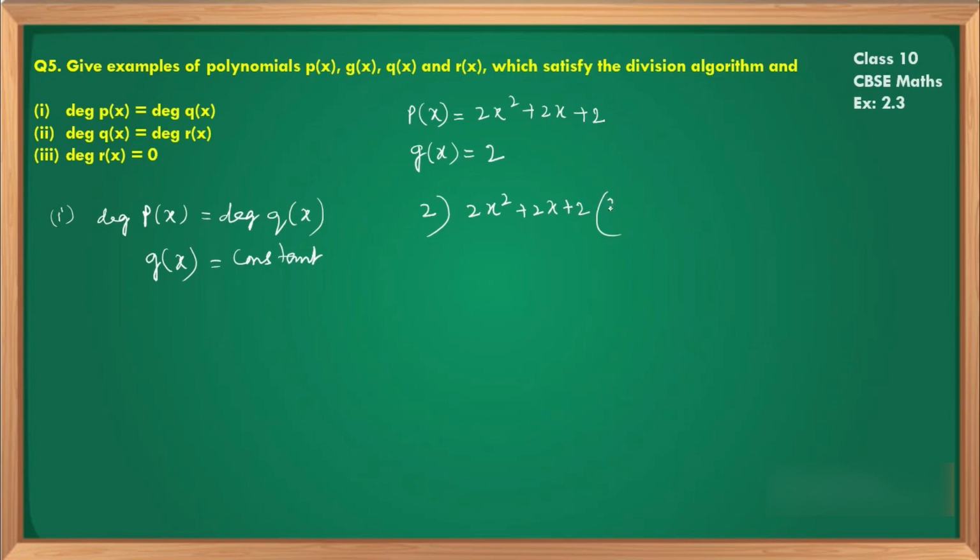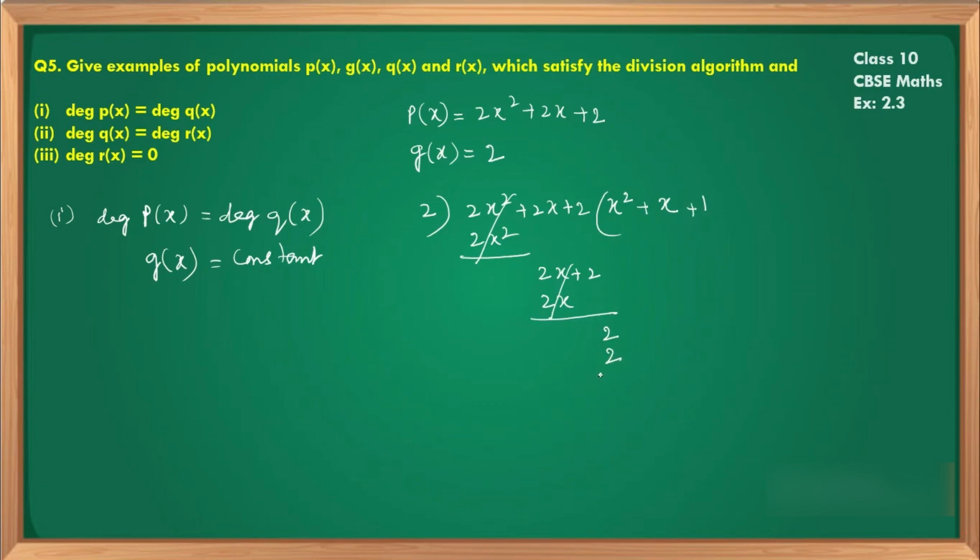Now 2 goes, when I multiply x square with this, this gets cancelled. We have 2x plus 2. Now I multiply with x. I get 2x and this gets cancelled. The balance is 2. Now I multiply with 1.